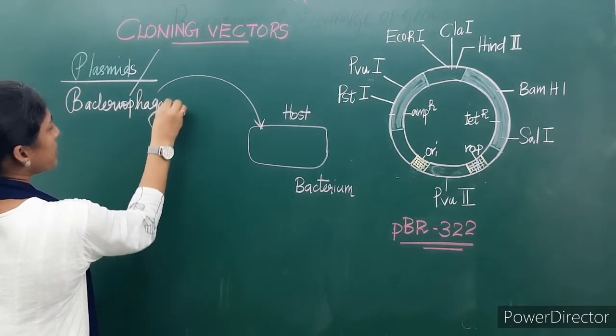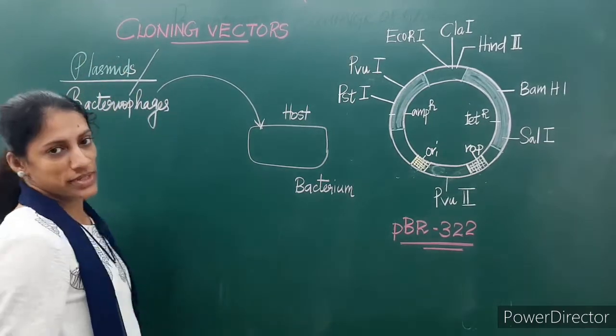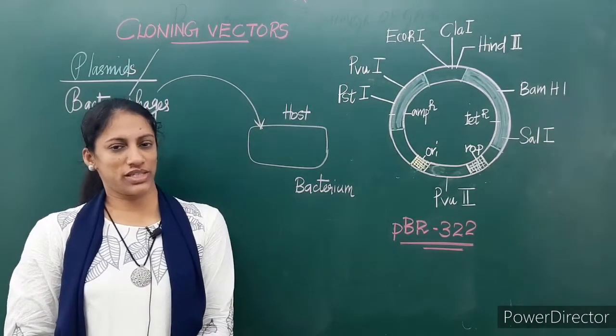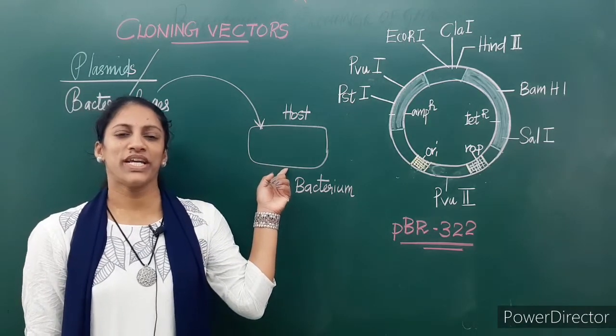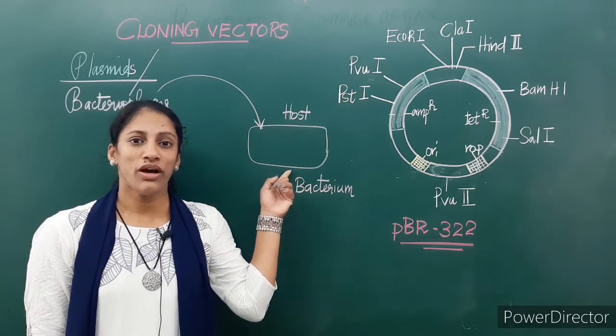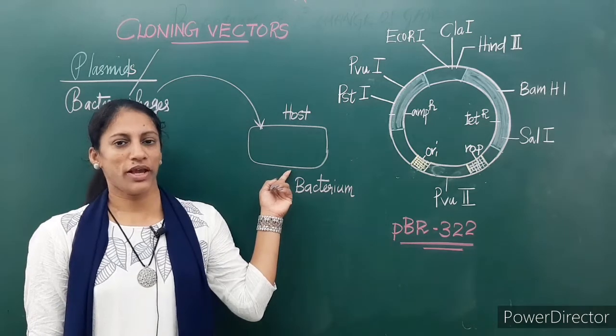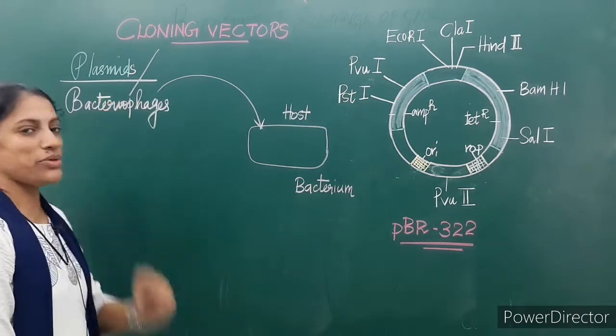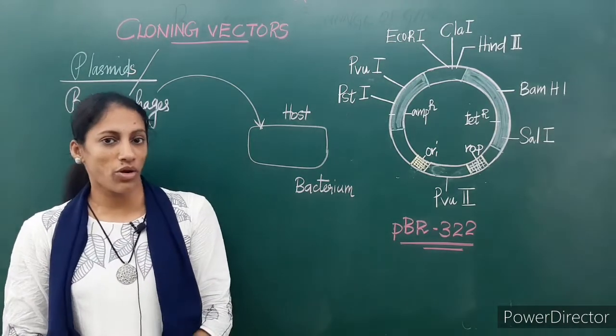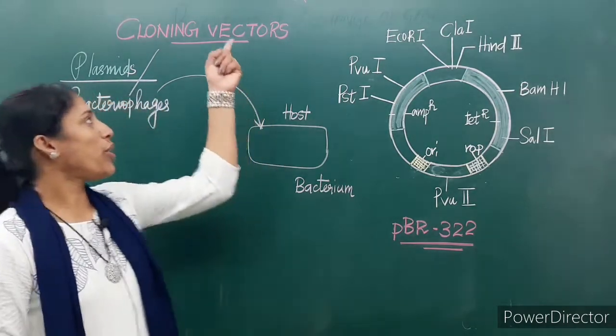So just keep in mind, both the plasmids and bacteriophages can be used as cloning vectors to deliver a gene into a bacterium cell. Is it okay? So the plasmids and bacteriophages can be used as the common cloning vectors.